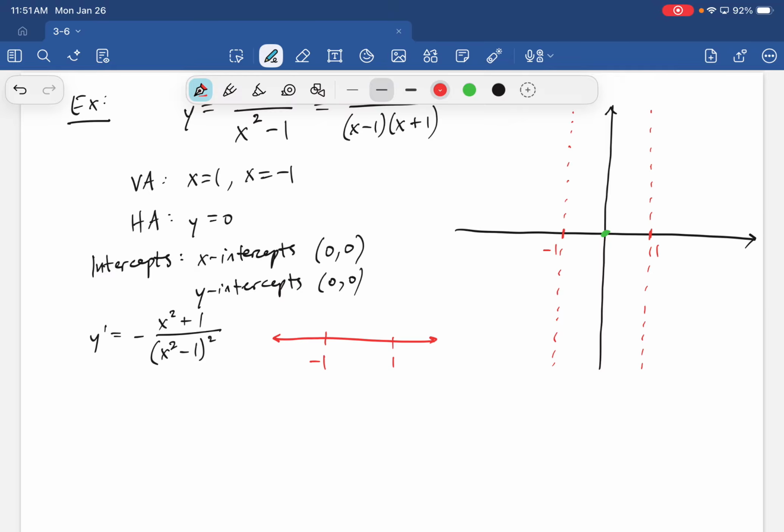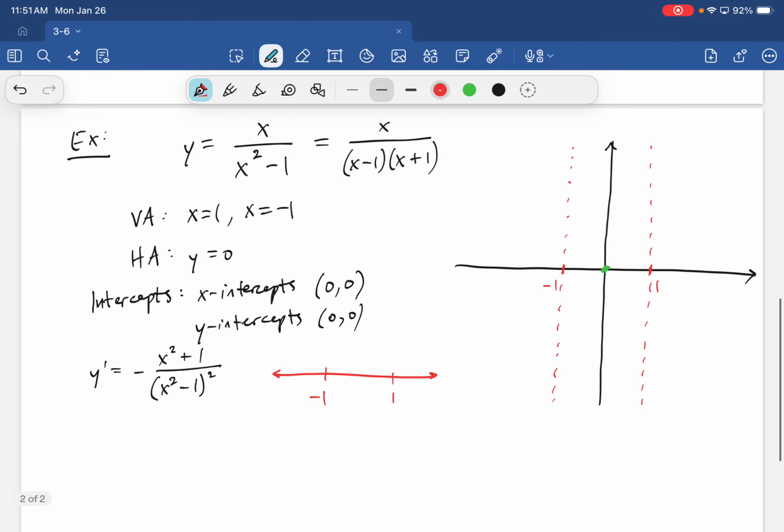And we do the whole process where we try to figure out on which intervals the derivatives are positive and negative. And we should find that we should have negative and then negative and negative again. Okay, so all three intervals are decreasing.